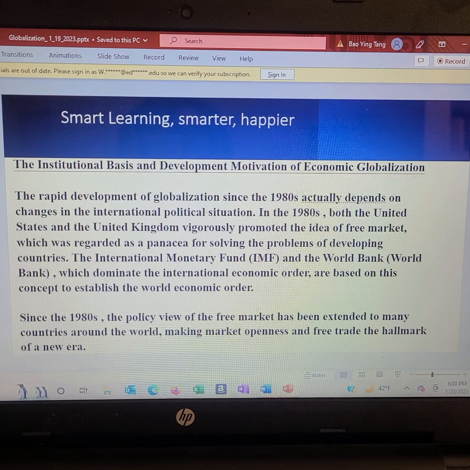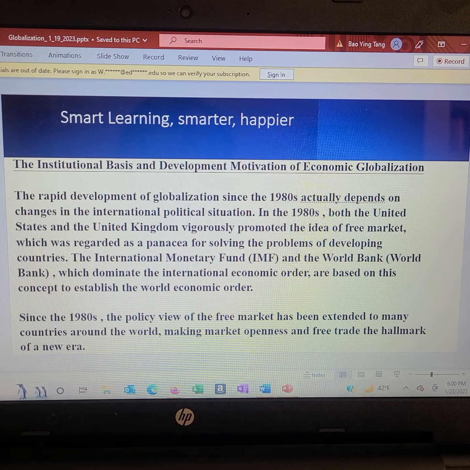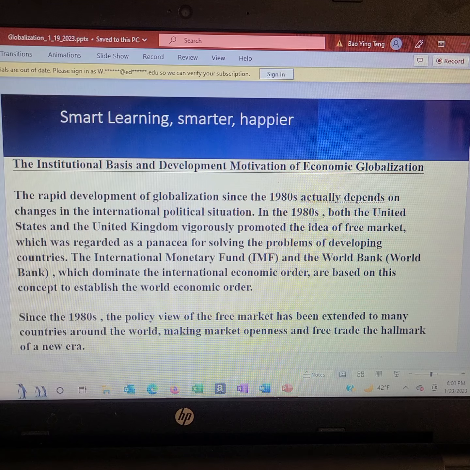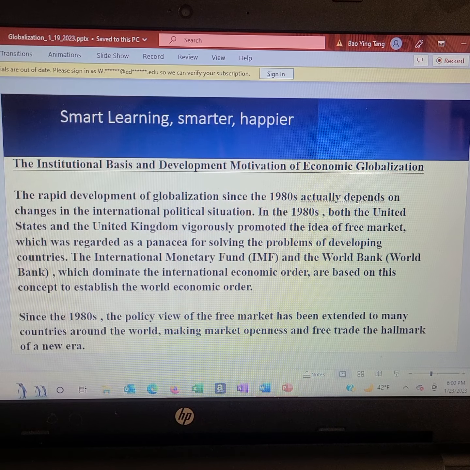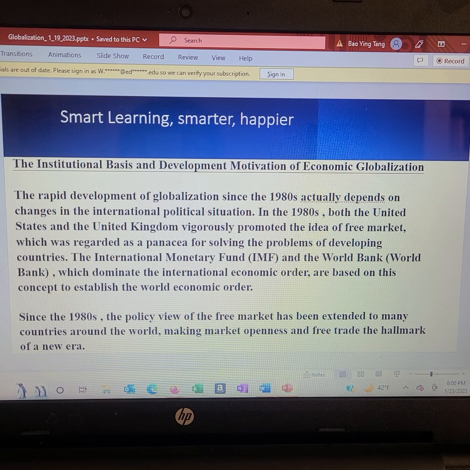Next, we want to talk about the institutional basis and the development motivation of economic globalization. The rapid development of globalization since the 1980s actually depends on changes in the international political situation.